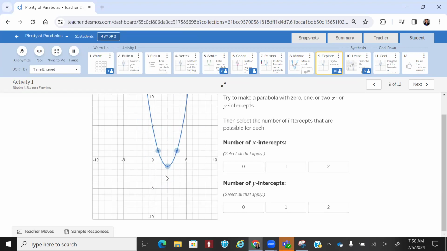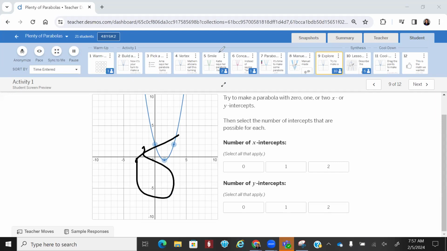What about 1 y-intercept? Well, of course it's going to have 1. It's going to cross the y-axis at least once. What about 2? I may have 2 y-intercepts? No, not with this type of function, right? It would have to look like some craziness like this. And that's not a quadratic, right?